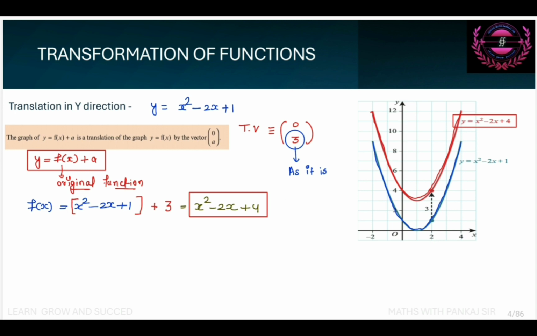Now let us understand this with a new question, the same question that we have taken in the previous translation in the x direction.